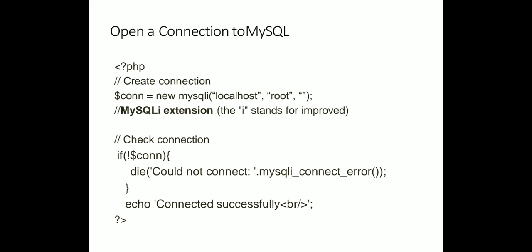In the program, we start with the PHP script, and for creating the connection I have used one variable, $con, that is for connection, equals new mysqli, and the parameters passed are localhost, root and one empty parameter. We'll see what these parameters are, but before that, what mysqli is.